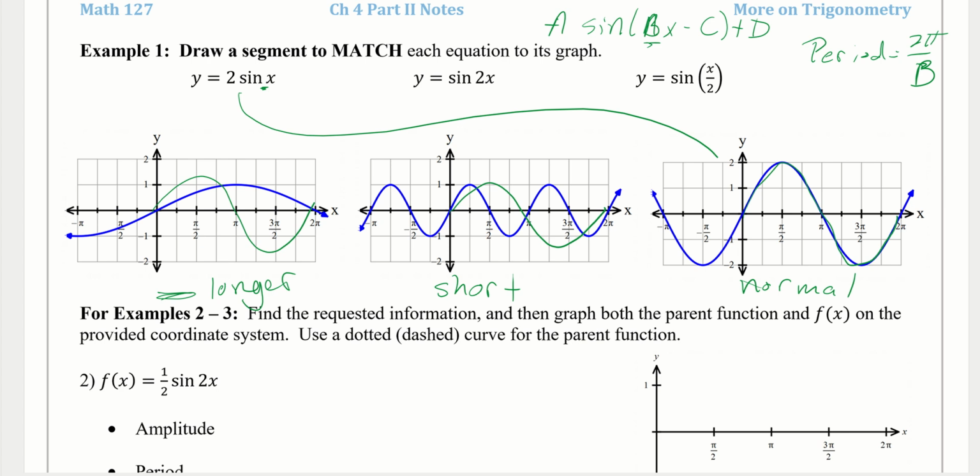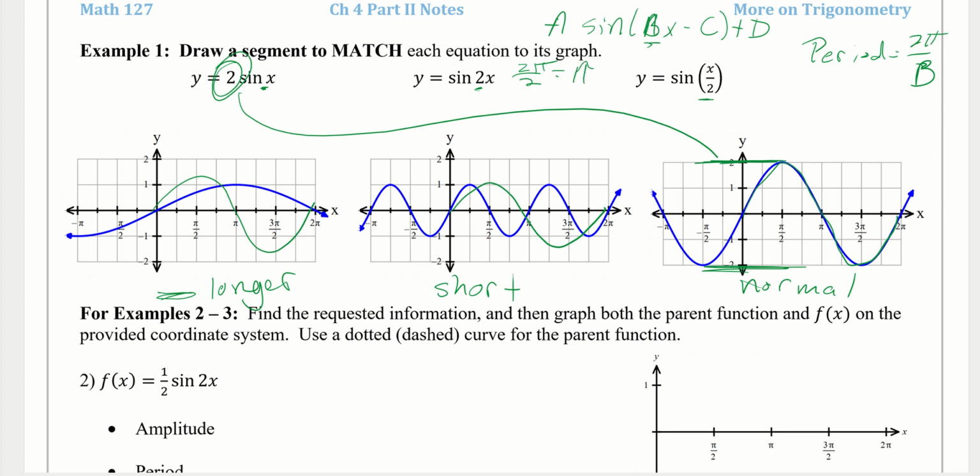The other thing that you notice is out in front here. That's your amplitude. And if you notice, my amplitude goes up to 2 and down to -2. So that's another good giveaway. Now this is where I talked about the period: if it's a whole number, it actually makes my period shorter, whereas if it's a fraction, it makes it a little bit longer. Here the period would be 2 pi over 2, which is pi.